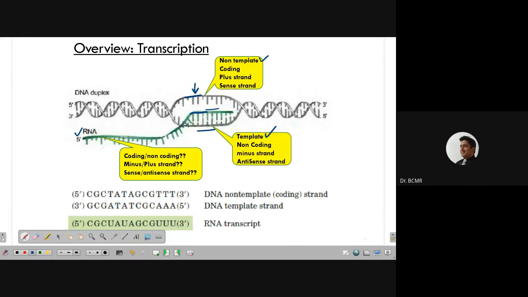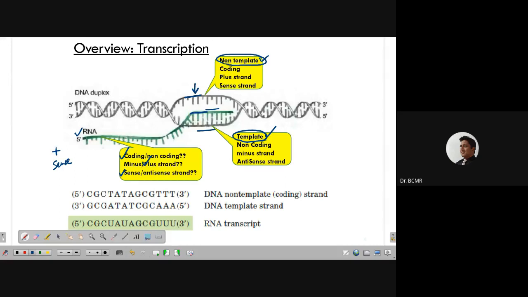And I also told you that mRNA is mostly called the plus strand because it has the open reading frame. It is also called the sense strand, right? So the coding strand is called the plus strand, and it is also called the sense strand. Based on that, the only difference will be about template and non-template.